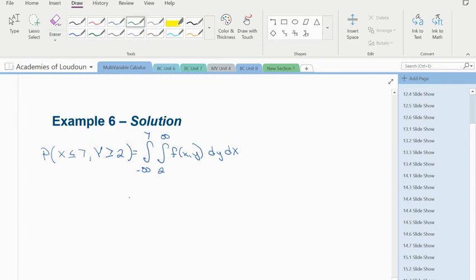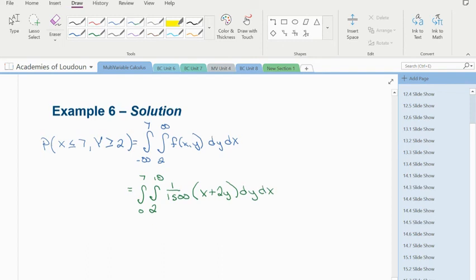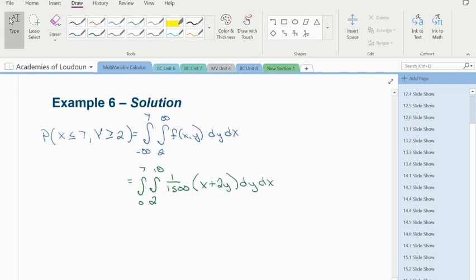Because of our defined area, it's going to be from 0 to 7 and 2 to 10 of 1 over 1500 times x plus 2y dy dx. I will leave that calculation to you, and the solution to this will be the question in the video.